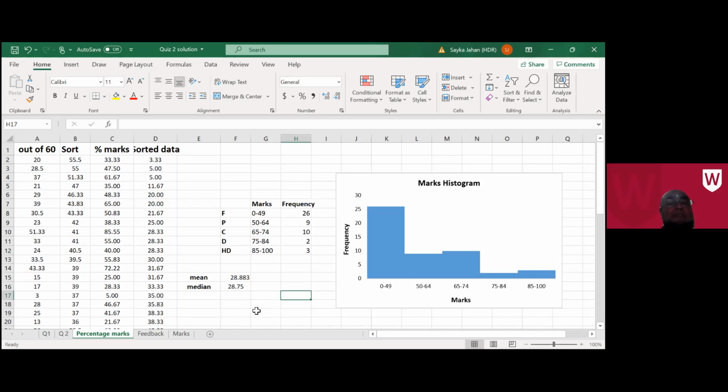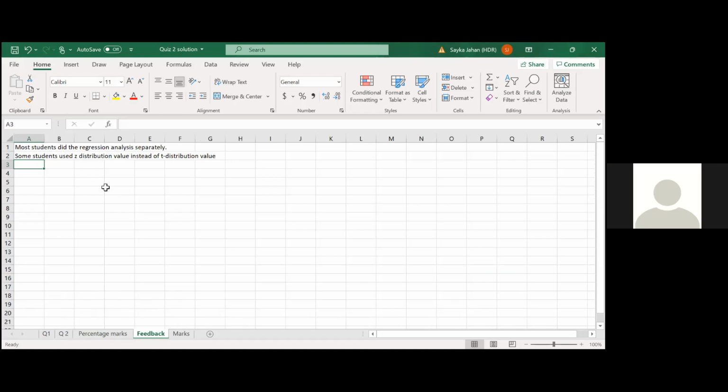I'm a bit surprised by seeing that so many students failed. Can you explain the solution maybe to a student, Prof? I can explain. Many students did the wrong regression analysis because they did it separately for each flow, but you asked them to do a single regression analysis using the 2 flows. That's right.